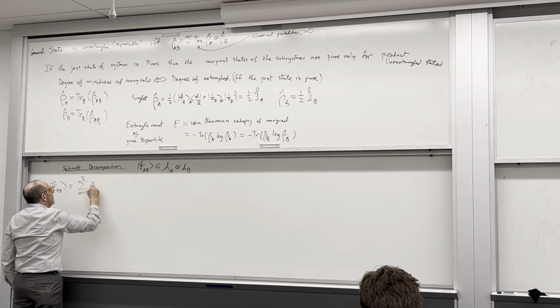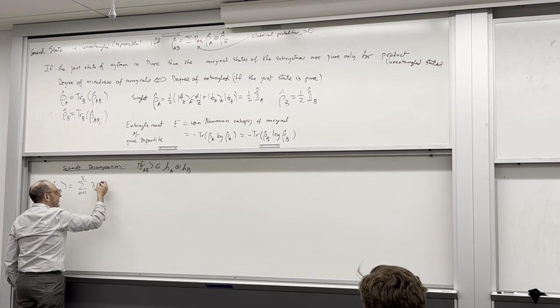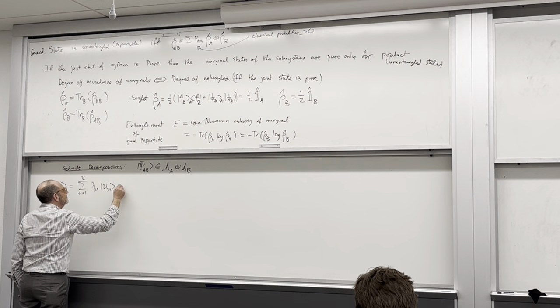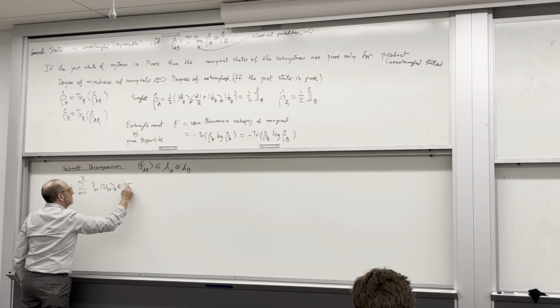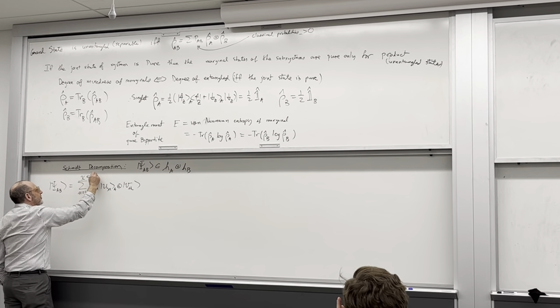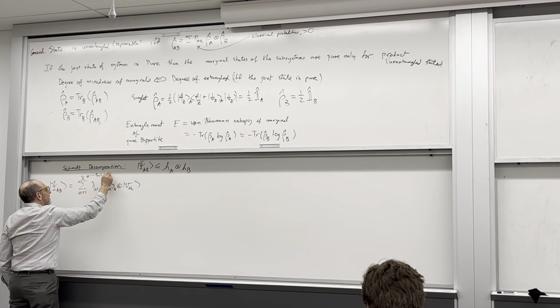It can be written as this decomposition, where this chi is called the Schmidt rank, which is less than or equal to the minimum of the two dimensions. That's as big as it can possibly be.